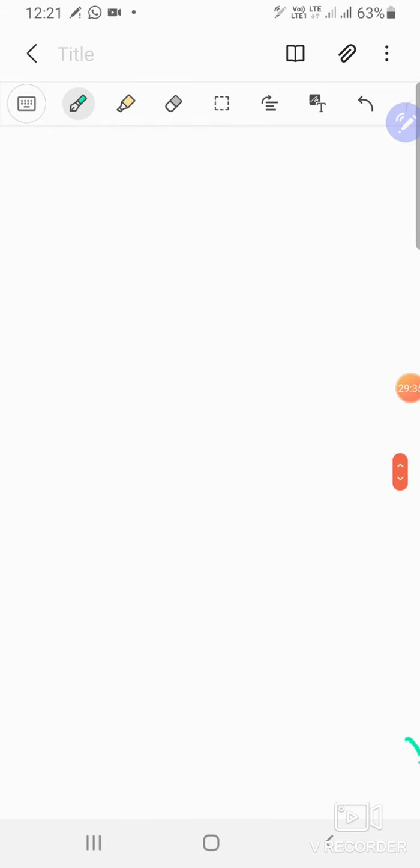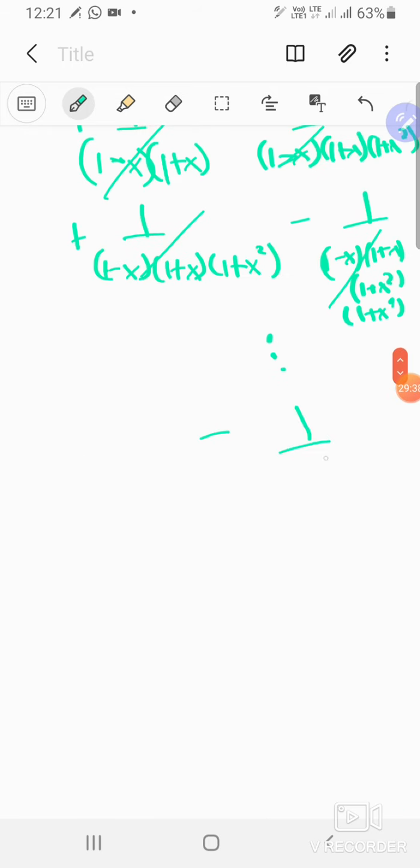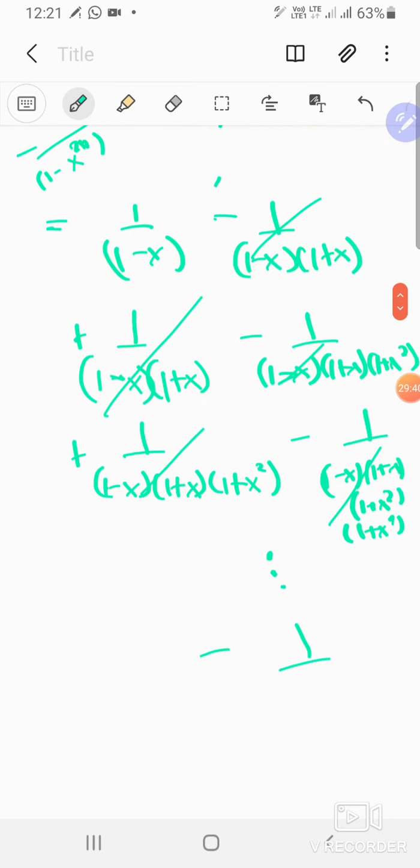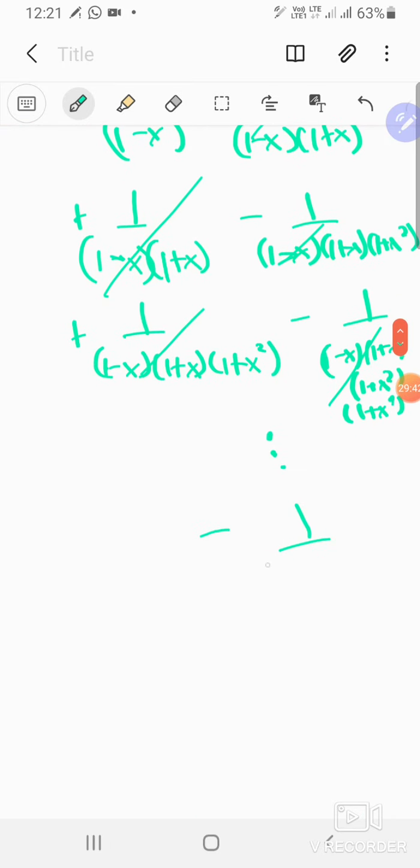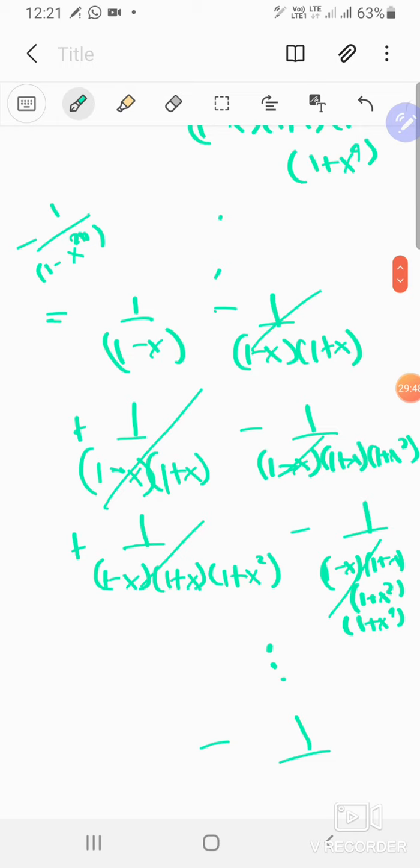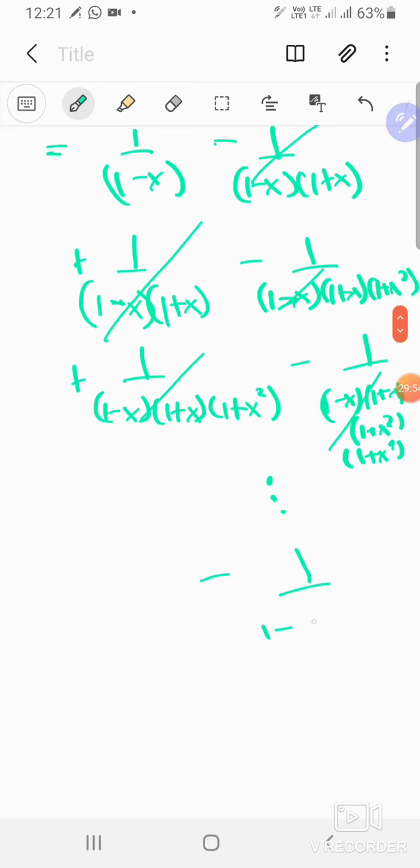That will be our last term, so till minus 1 upon 1 minus x to the 2 to the n, which is nothing but 1 minus x into 1 plus x into 1 plus x squared all the way till 1 plus x to the 2 to the n minus 1, I think. Yes, so this thing is just going to be 1 minus x to the 2 to the n power. Okay, fine.